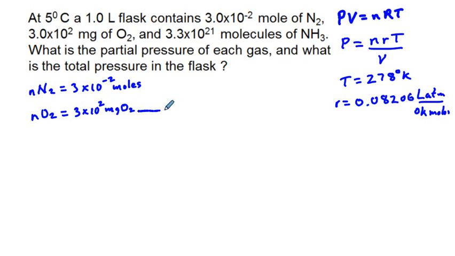And what we're going to do is convert that to grams by using dimensional analysis and multiplying by 1 gram per 1,000 milligrams of O2, and then we're going to multiply that by 1 mole of oxygen per our molecular weight, which is going to be 32 grams of O2.